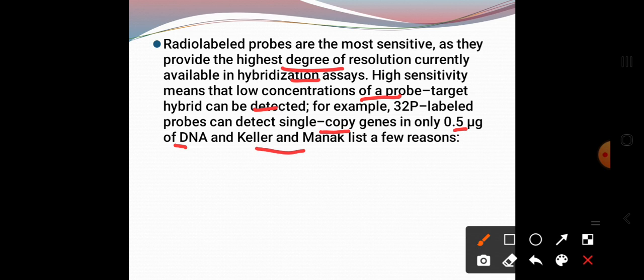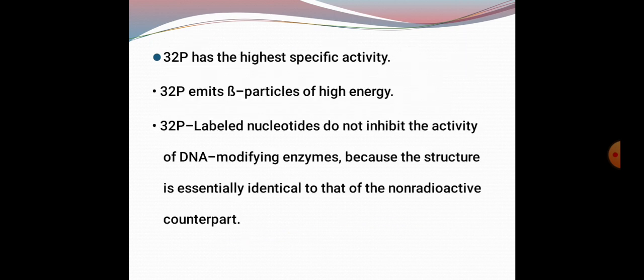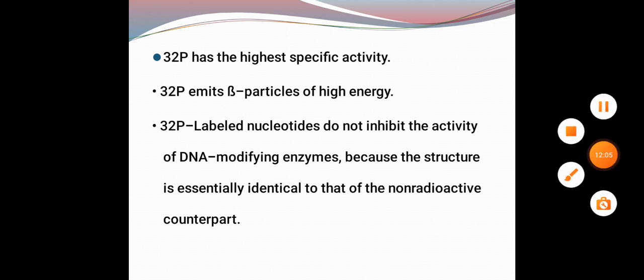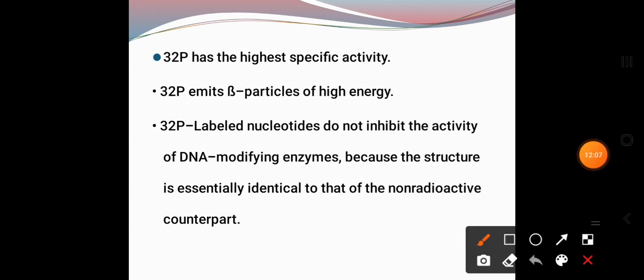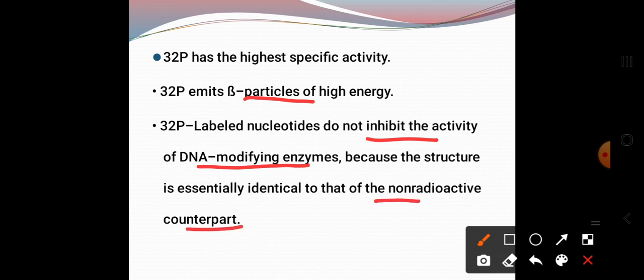What are the reasons that this radioisotope labeled probe can detect the smallest amount of sample? Phosphorus-32 labeled isotopes have high specific activity. They emit beta particles of high energy. These labeled nucleotides do not inhibit the activity of DNA modifying enzymes because their structure is essentially identical to the non-radioactive counterpart.